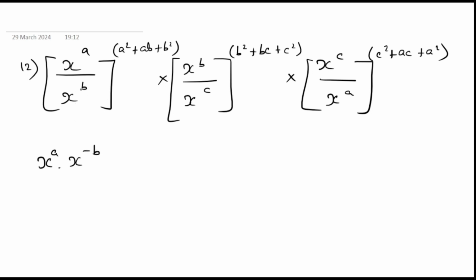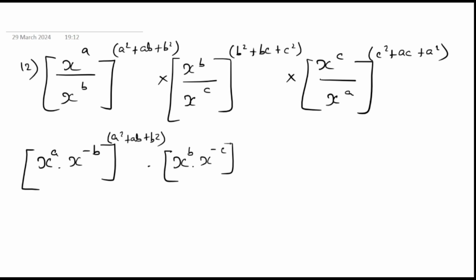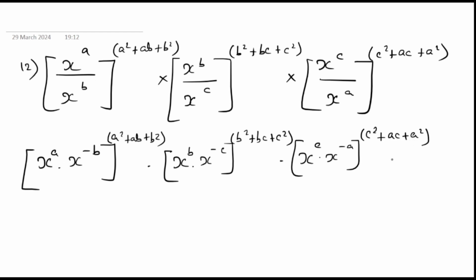When I bring it to the top, the sign will change in the power, so b will become minus b, the whole to the power a^2 plus ab plus b^2, into x^b into x^-c, the whole to the power b^2 plus bc plus c^2, into x^c into x^-a, the whole to the power c^2 plus ac plus a^2.